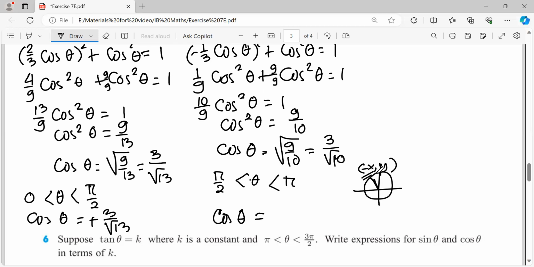This means cosine is negative and sine is positive. It means cosine theta equals negative 3 over square root 10.